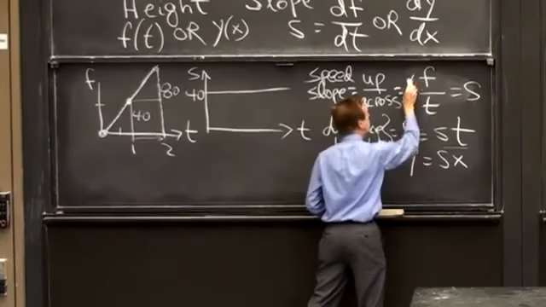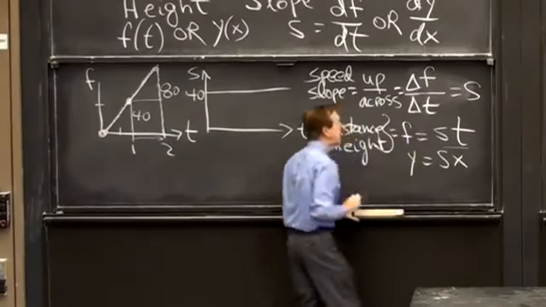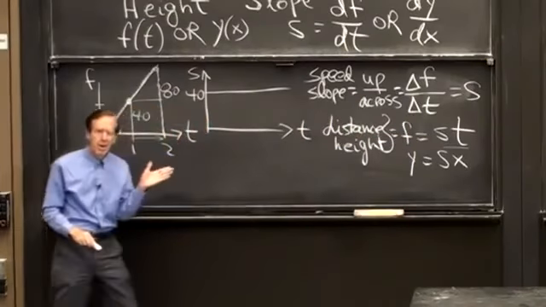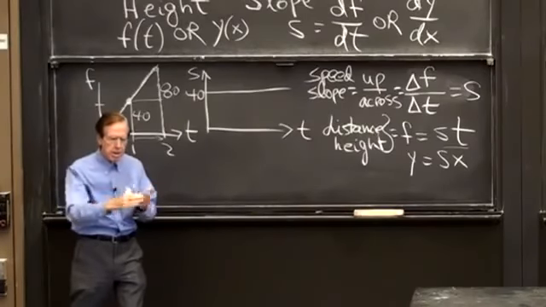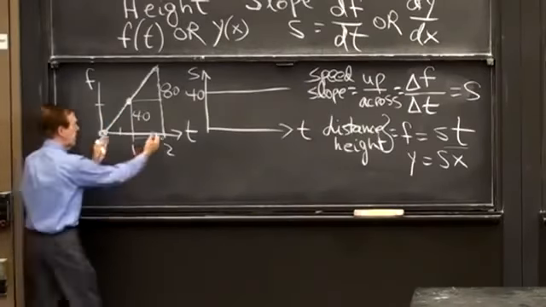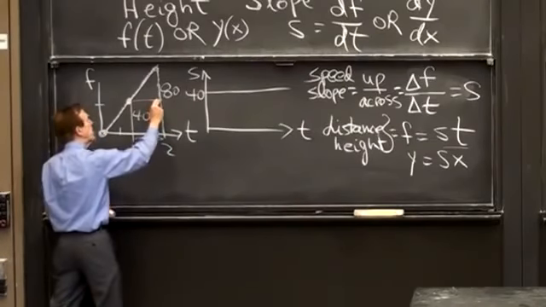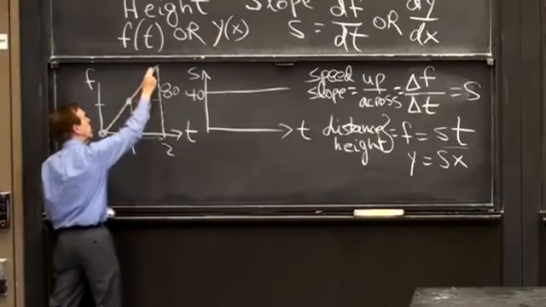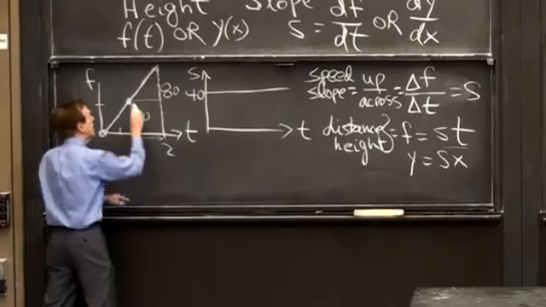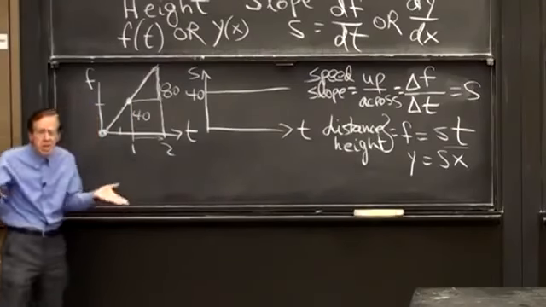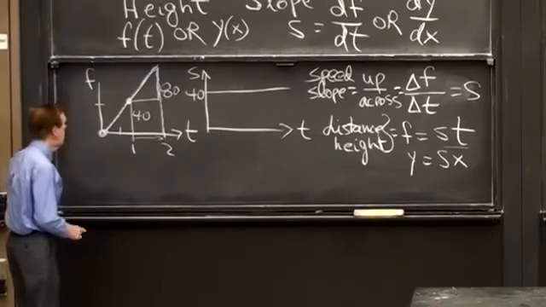It's really the change in f divided by the change in t. I use that letter delta to indicate a difference. The difference between time 2 and time 1 was 1, and the difference between height 2 and height 1 was 40. You see, I'm looking at this little piece. And of course, the slope is still 40. It's still the slope of that line.